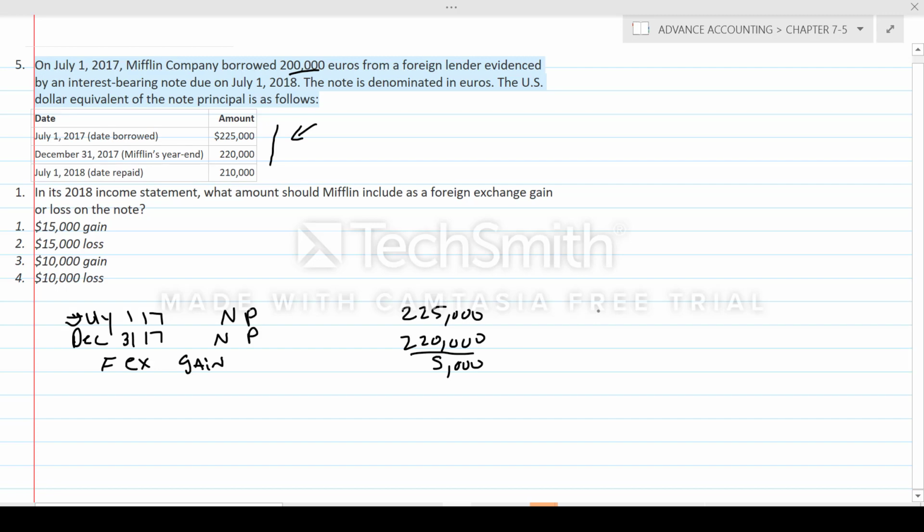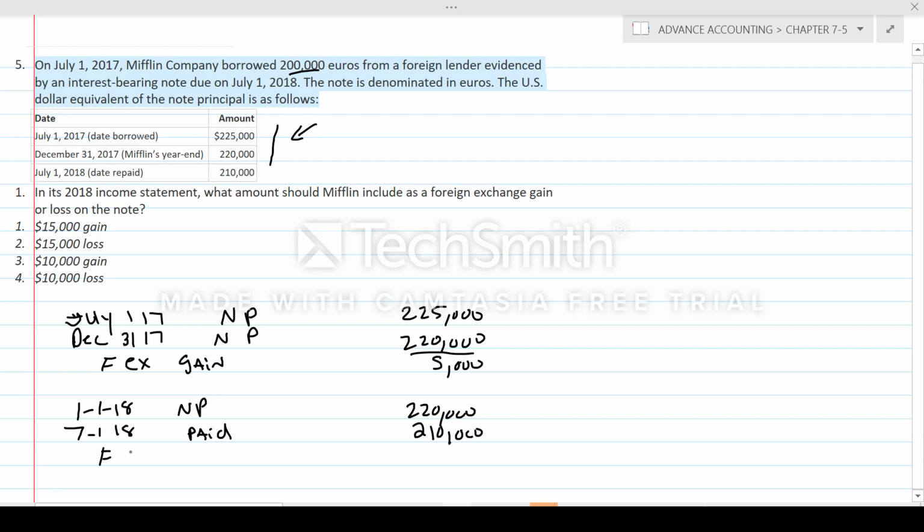Then in 18, on January 1st, 18, we know the note payable value was $220,000. And on 7/1/18, when they paid the loan back, they paid $210,000.